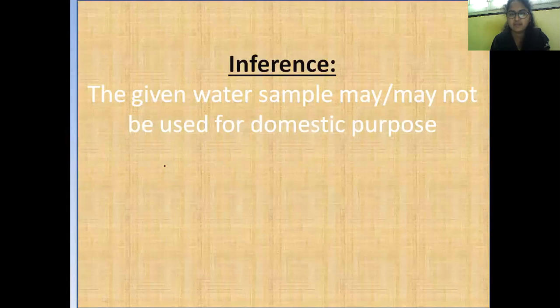And inference: the given water sample may or may not be used for domestic or construction purposes. How much chloride content is in the given sample decides whether it can be used for drinking water or not. Chloride is not harmful to human beings at concentrations above 250 mg per liter.